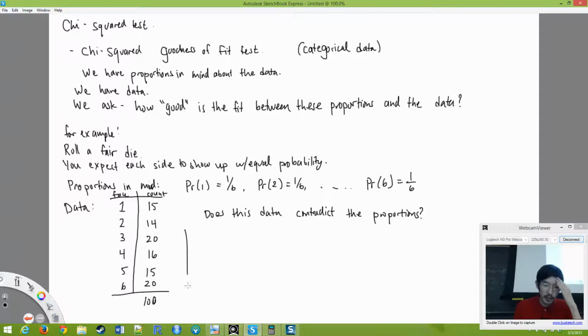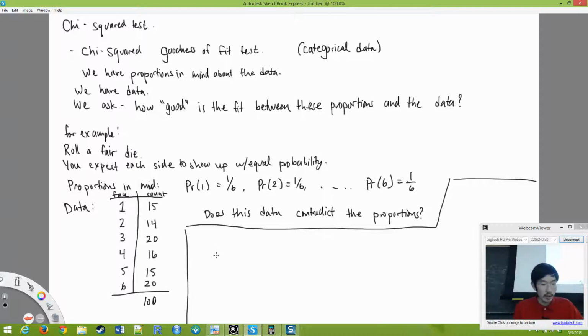Maybe another example, and maybe we'll use this one as our problem. If you study biology, you have a Punnett square.